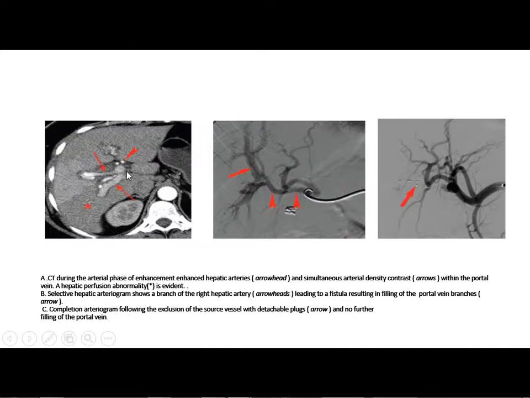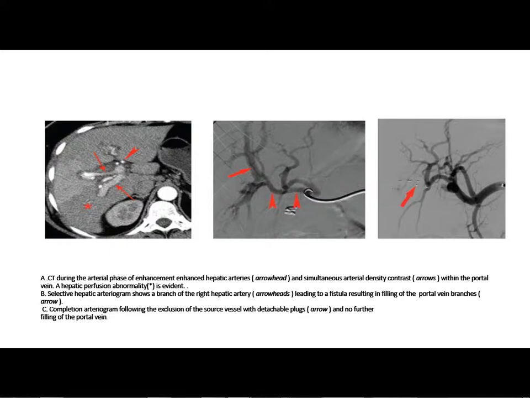This is the early filling of the portal vein, sorry, of the hepatic vein, because it has the same density as the arterial, closer density.